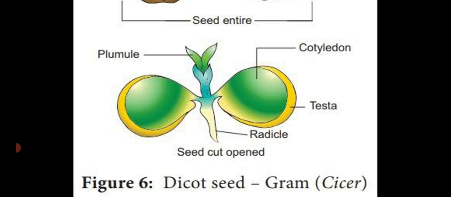Di means 2. The embryo of a seed which contains 2 cotyledons is said to be dicotyledon. Then at the tip of the main axis, 2 young leaves are produced, that is known as plumule region. The plumule afterwards gives rise to shoot system above the ground level. So this is said to be the dicot embryo.